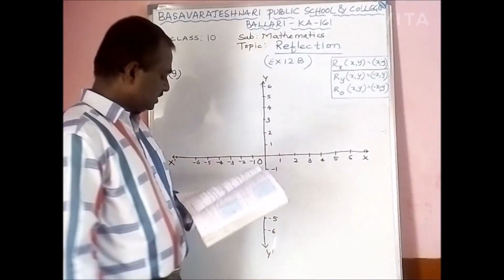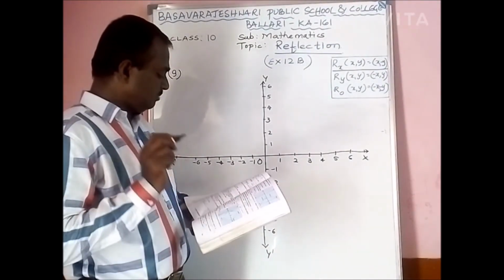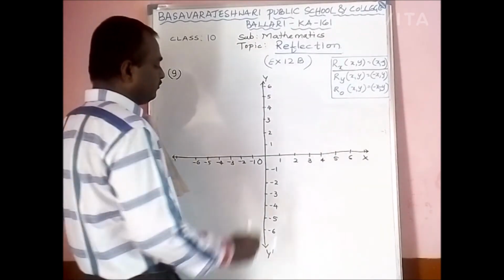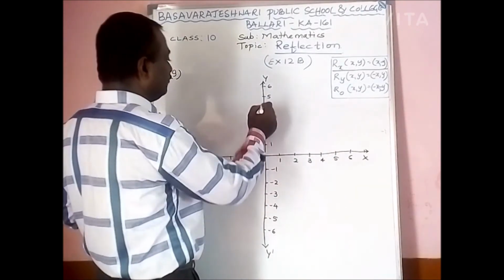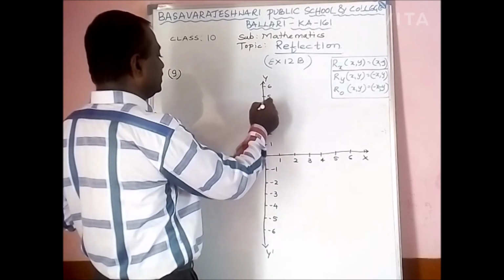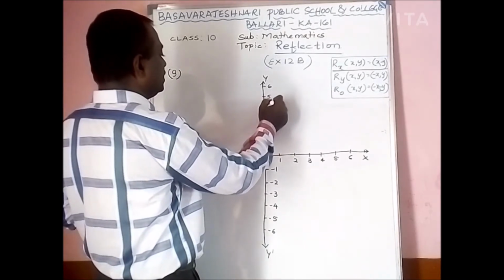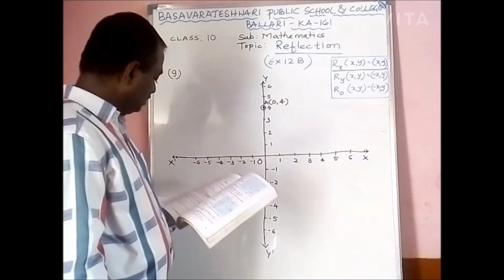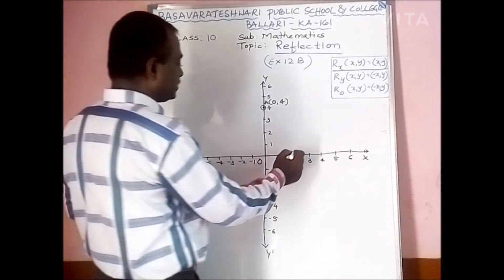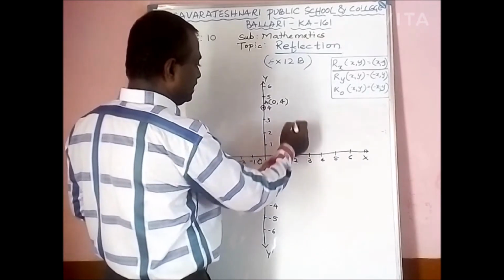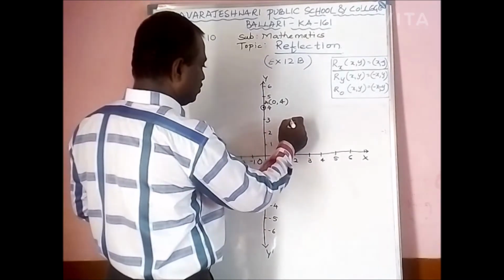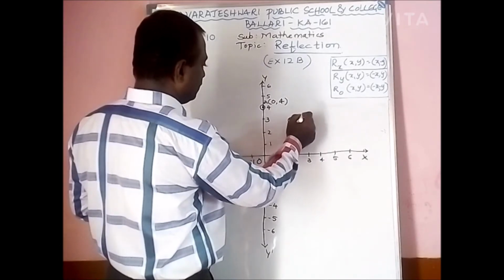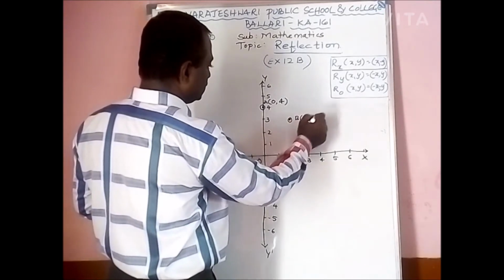Okay. First question you observe. Plot the following points. First point A (0, 4). X value 0, Y value 4. That means A will come here. B (2, 3). X value 2, Y value 3. So it will come over here.